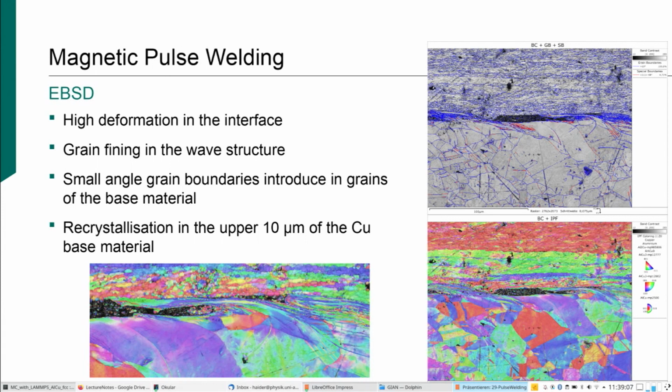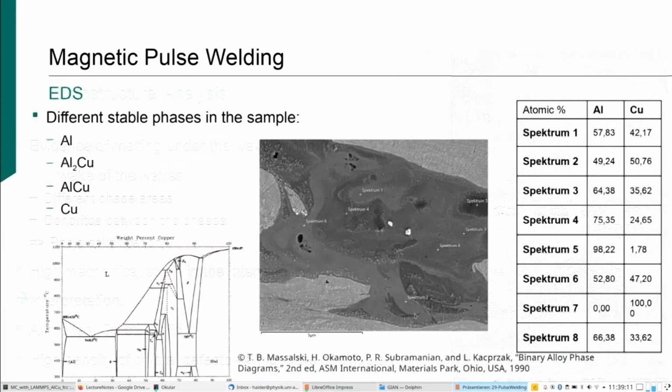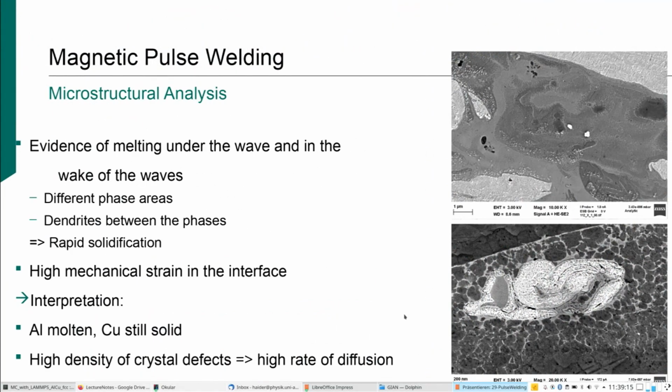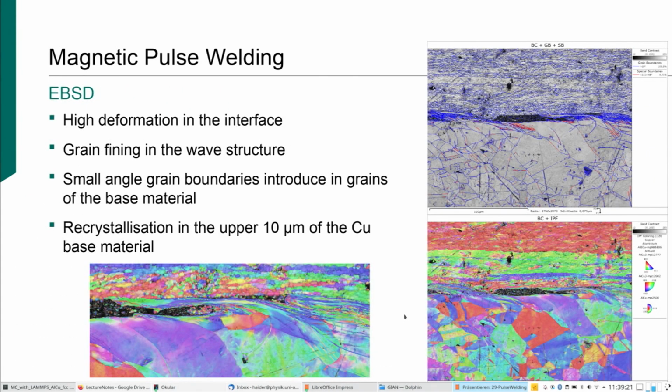Here in the upper part, which is the aluminum part, you see extremely fine-grained material. Somehow I lost the scale bar here. Is there a scale bar? Here's one, and this one is a close-up. I think it's sub-micrometer size, these grains here.